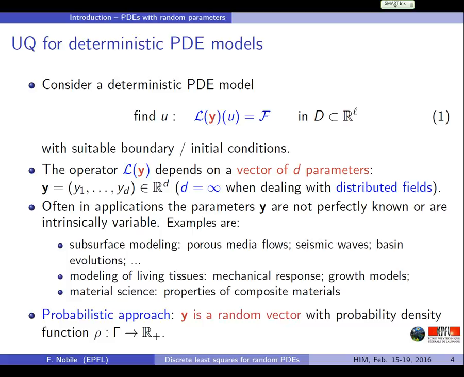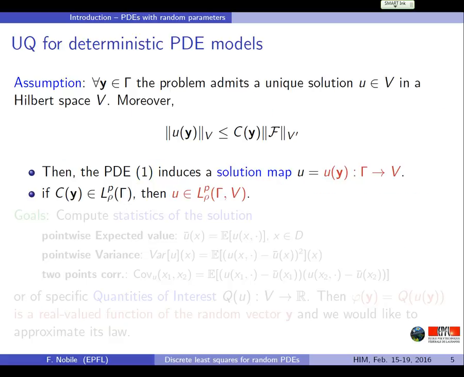Of course, there are several approaches to do uncertainty quantification, and the probabilistic approach is just one of them. You can think also of some interval analysis or fuzzy analysis or a worst case scenario and so on. But I will focus here on a probabilistic approach because somehow it's nicer in some respects from the mathematical point of view.